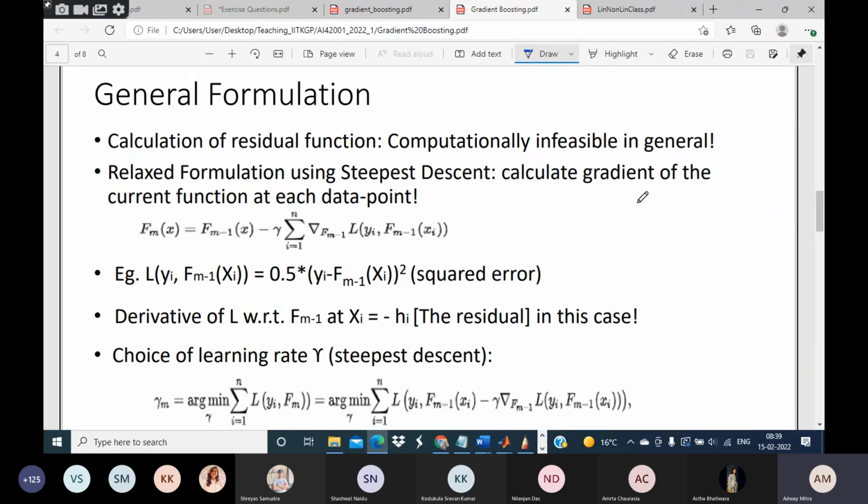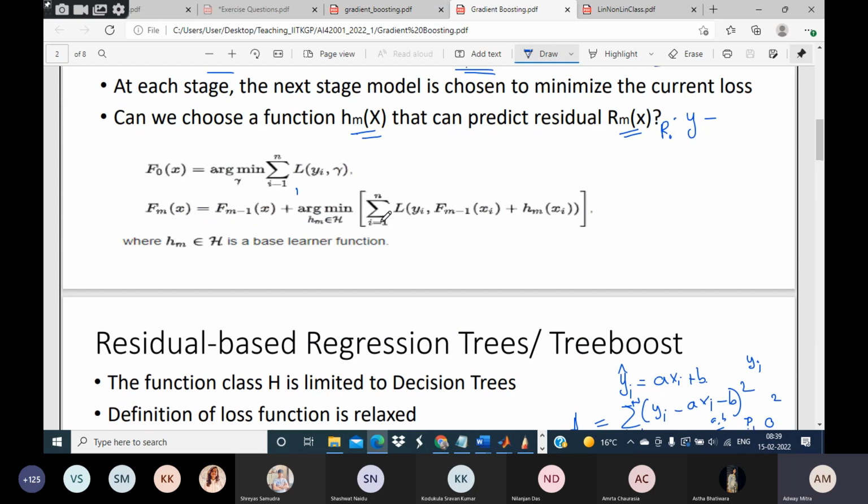Now let us come to the general formulation. Calculation of this residual, if we have any arbitrary loss function which is not specified and any arbitrary function class, is generally a difficult problem. In normal regression, we can choose the parameters of a function so as to minimize a loss function. That is the easy part. But here we are doing something much more complicated.